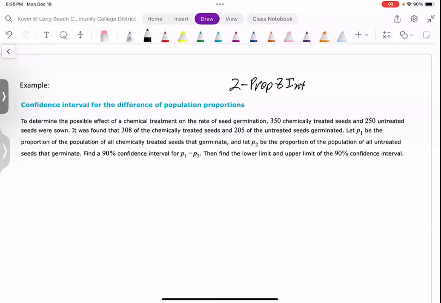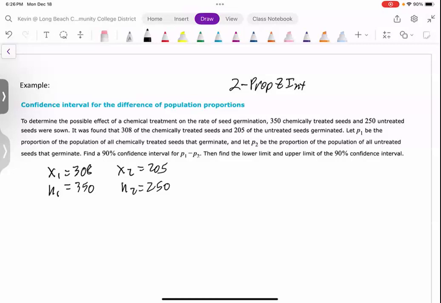It was found that 308 of the chemically treated seeds germinated, so x sub 1 is 308, n sub 1 is 350, x sub 2 is 205, n sub 2 is 250. And 205 of the untreated seeds germinated.